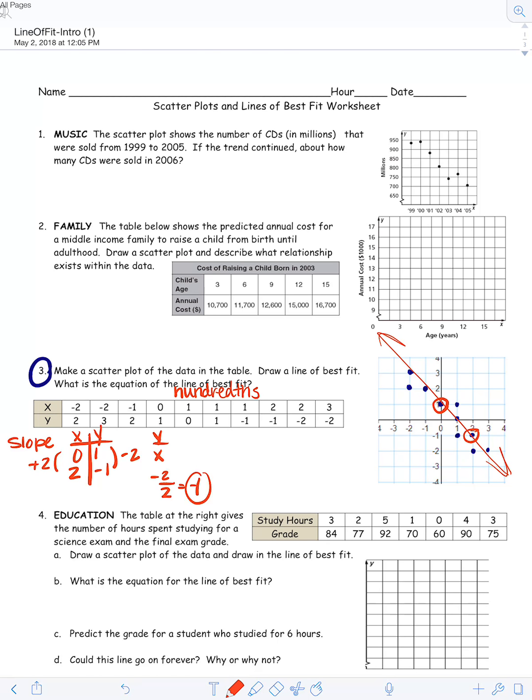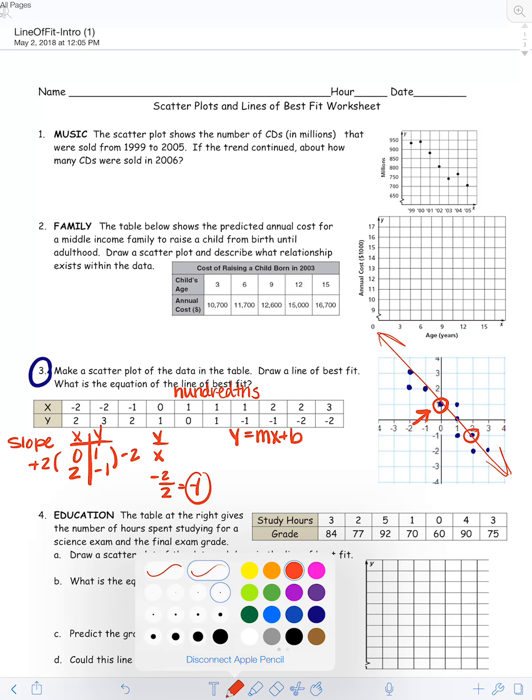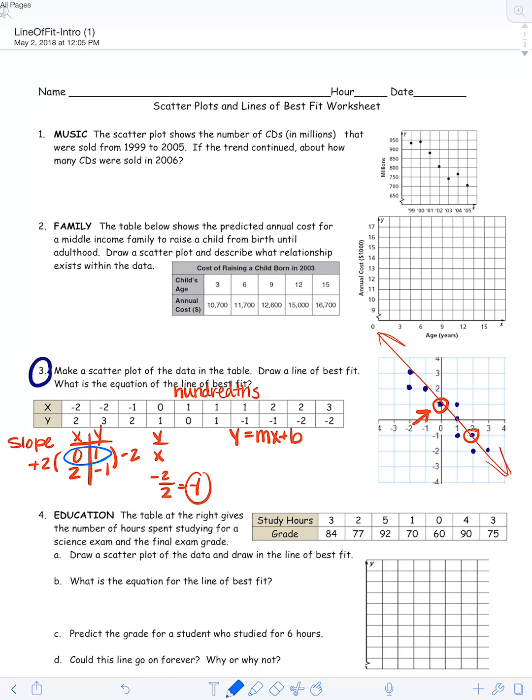Now, we already know in the table and on the graph that this is the y-intercept, but let's practice finding the y-intercept when it maybe isn't as clear. Like you don't have a point graphed, it doesn't hit exactly on the y-axis, and you can't tell. So I want to pick a point. I'm going to pick this point (0, 1). I could substitute 1 in for y.